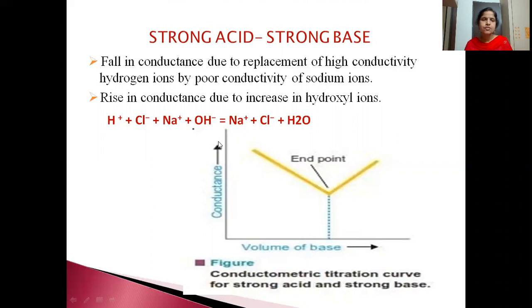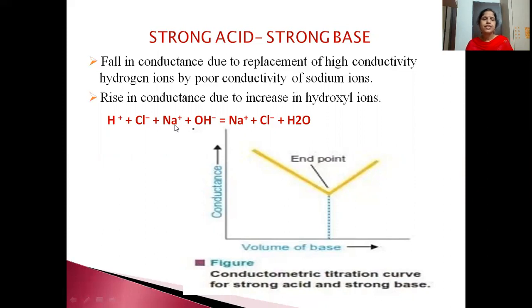As the NaOH is being added to the HCl, what is happening? You can see the curve is going down, the conductance is decreasing as we are adding the volume of the base. Why is it decreasing?